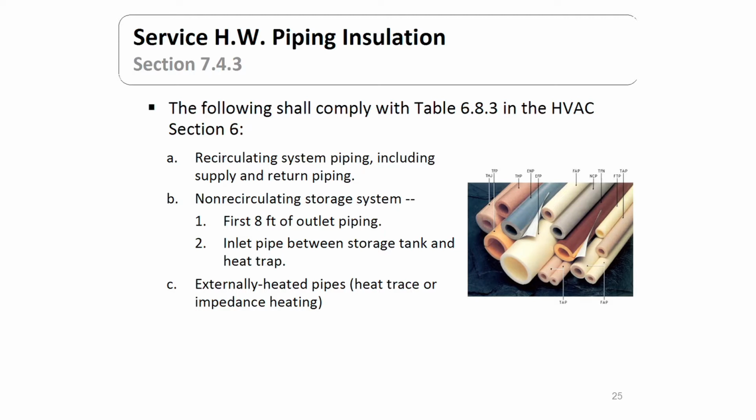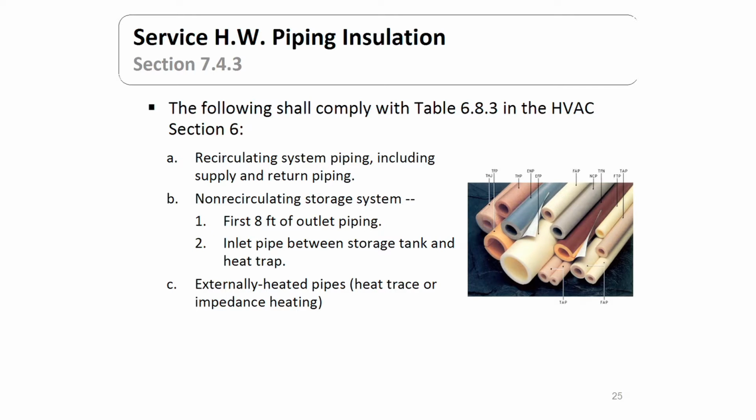If you have a non-recirculating storage system, then the first 8 feet of the outlet piping are what's required to be insulated. Also, insulate the pipe between the storage tank and a heat trap. I'm going to show you a heat trap here in a second. Or you could have externally heated pipes, heat trace, or impedance heating would be required there.